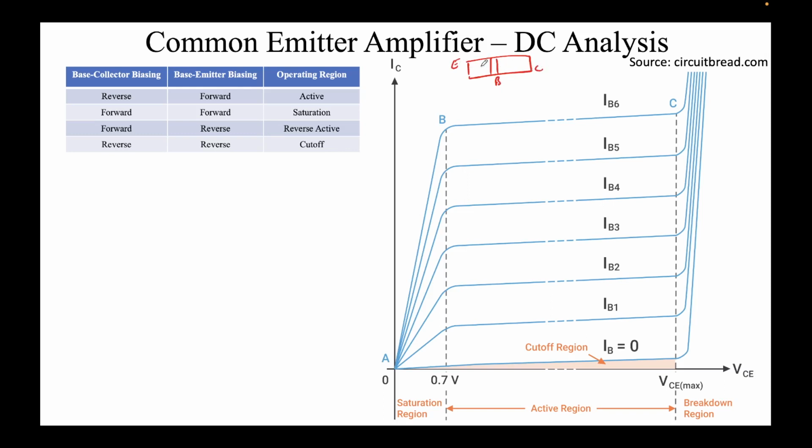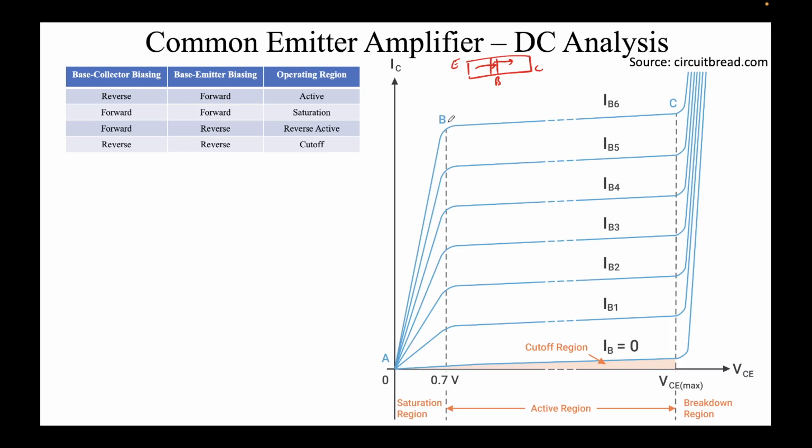A huge amount of electrons will be injected, and since collector and base are reverse biased, those electrons will quickly cross the base and go to the collector, and hence the current can flow. Hence in the active region, base emitter is forward biased while base collector is reverse biased. This is the big region that you see between lines B and C.